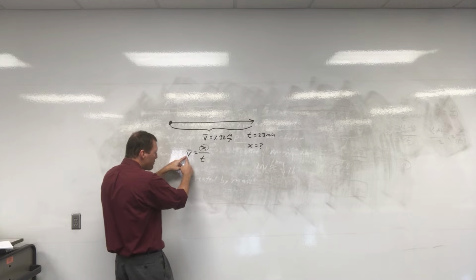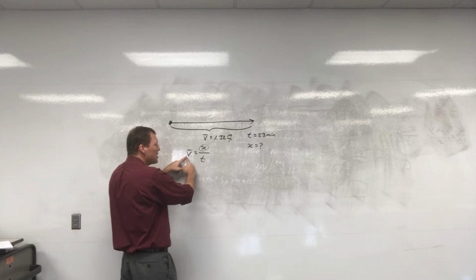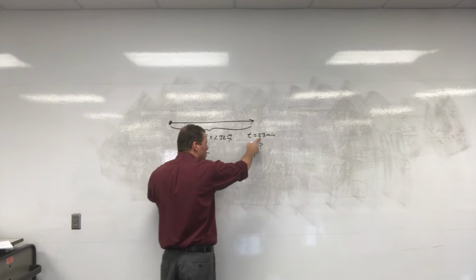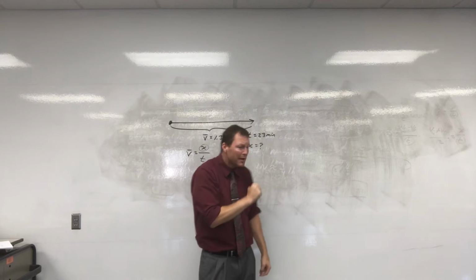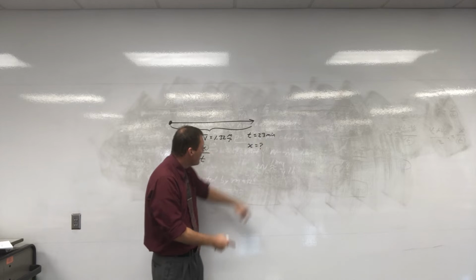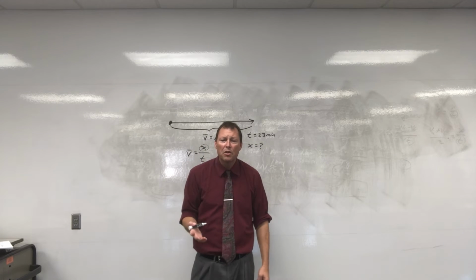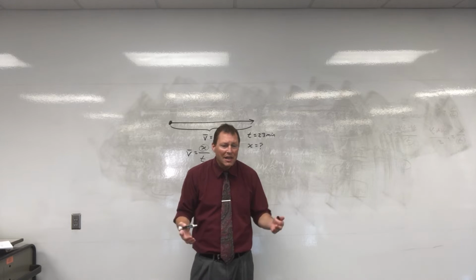Do I have the information for average velocity? I do. Do I have the information for time? I do. But time is in minutes, and this formula takes seconds, so I've got to convert 23 minutes into seconds.